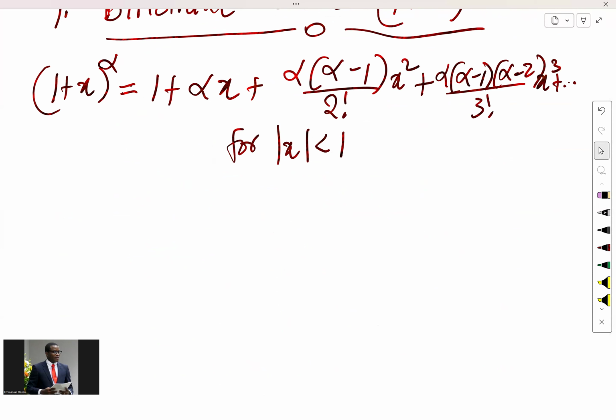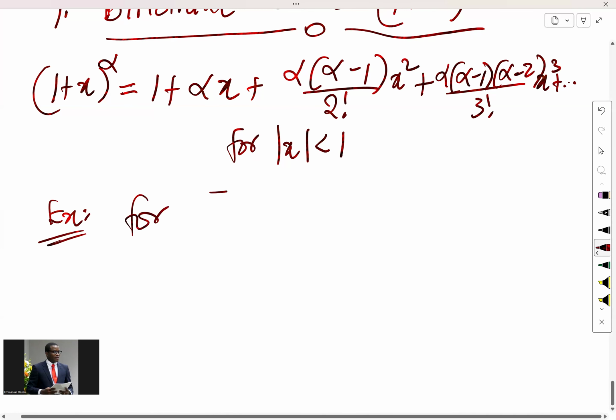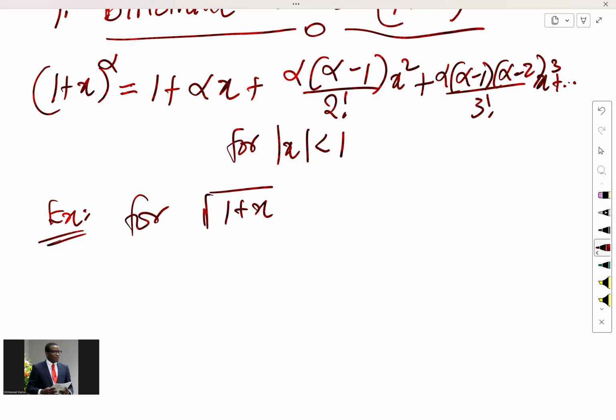So in this case now, we have that expression already. So if you want to take an example, say for square root of 1 plus x. Let me just say that generally.